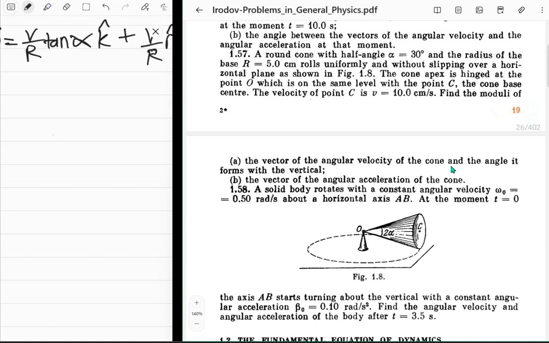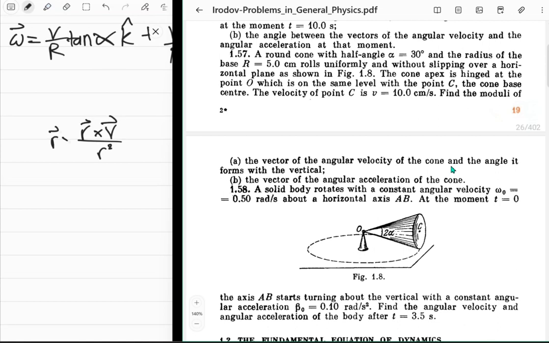Maybe it's defined like, just guessing, r cross v upon r squared. So r cross this thing, what will that be? That will be, let's see, r dot v. This is getting weird, isn't it? Yeah, it's getting very weird. r cross v, so r dot v times r vector minus r dot r, which is just r squared, times v vector, and that upon r squared.